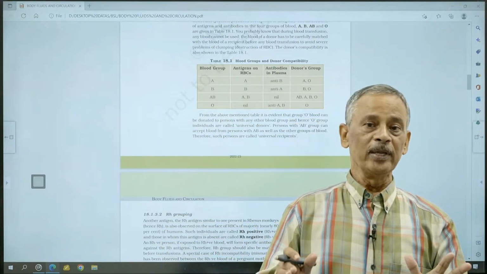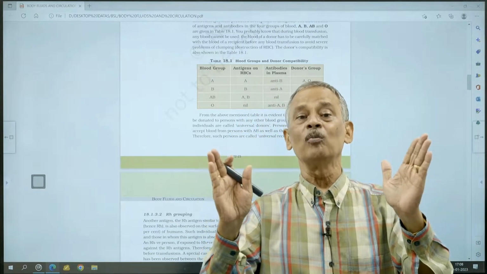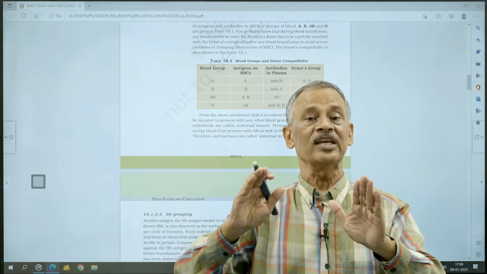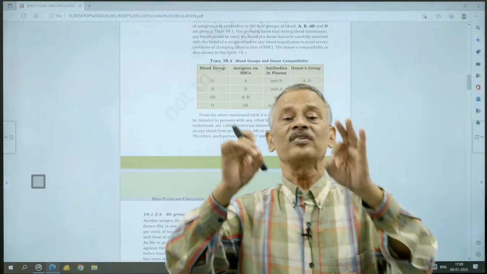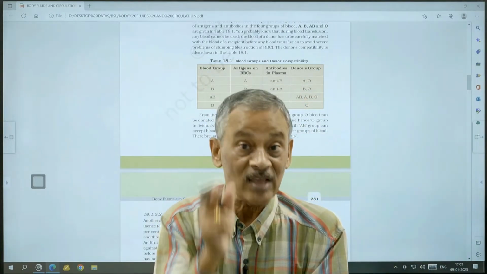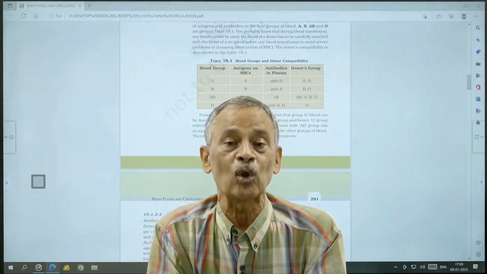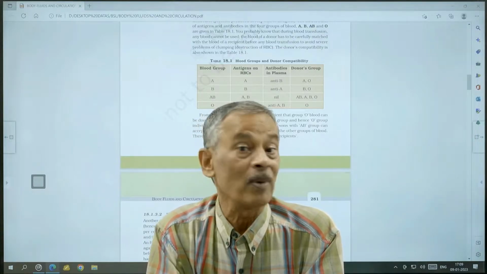Similarly, AB group, he is having both antigens. So he cannot give blood to any other group, because he is having both antigens. So he can give blood only to a man who is having no antibody. So who is that man who is having no antibody? AB. And AB can give blood only to AB, but can receive.